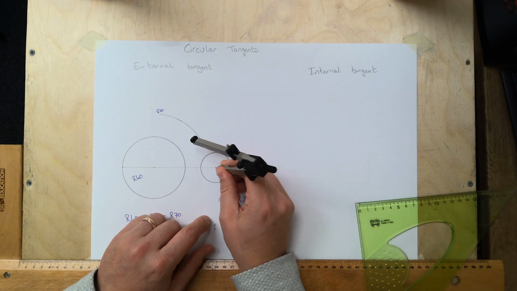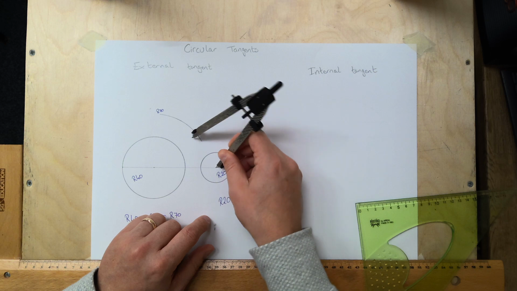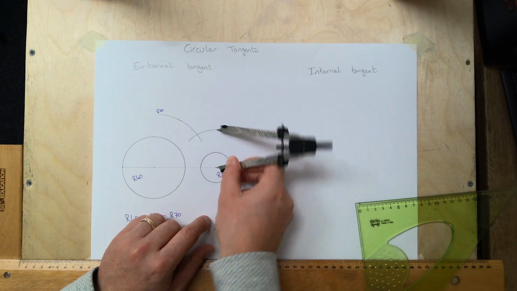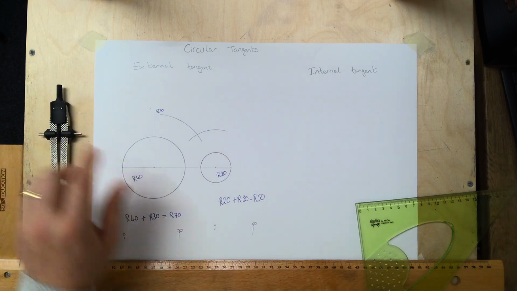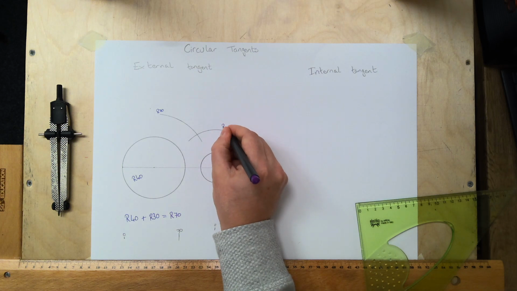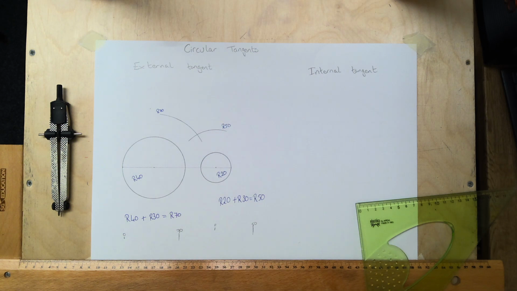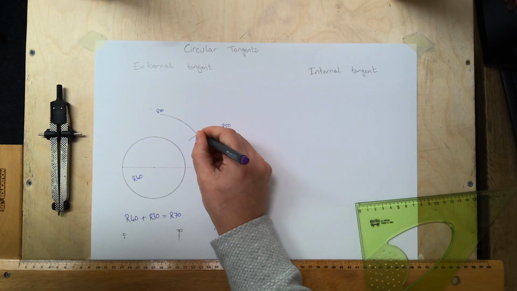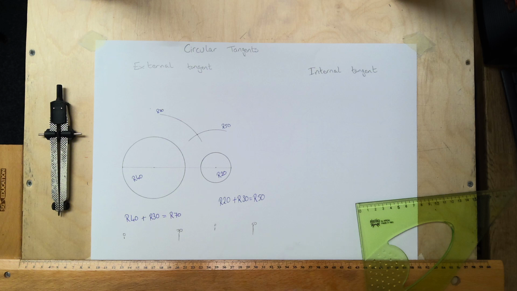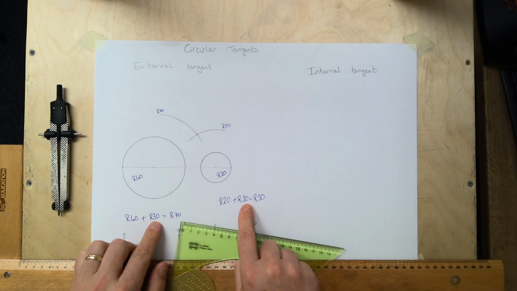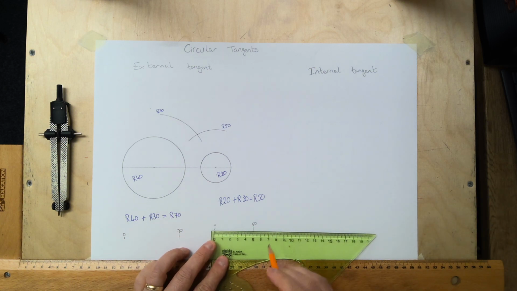From that 20, swing an arc there. That is my arc of radius 50. Where the crossover is our center point. So right there is our center point, and that is going to be a radius of the one we just added, which is our radius 30.